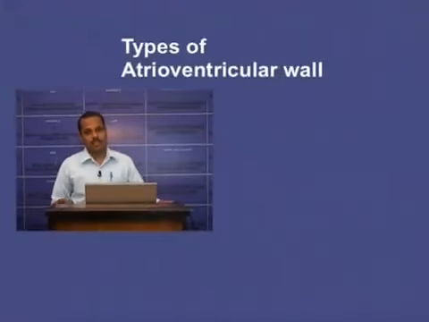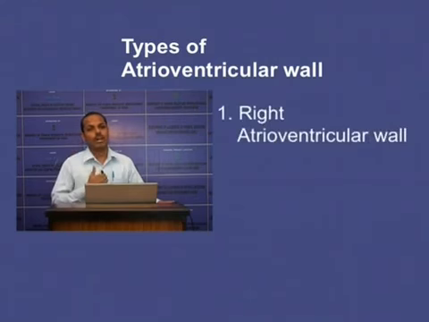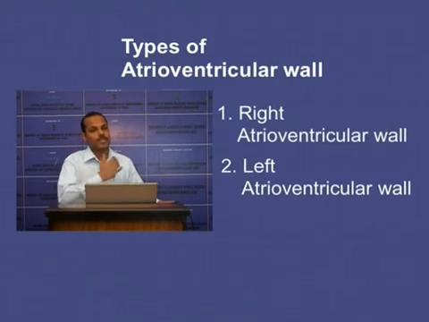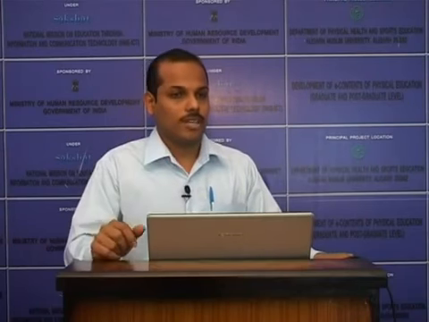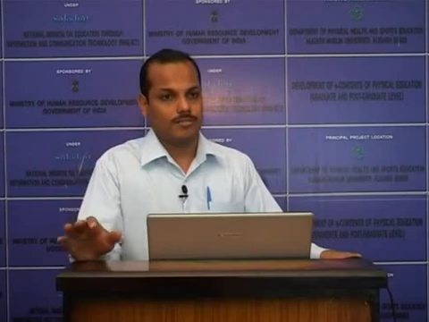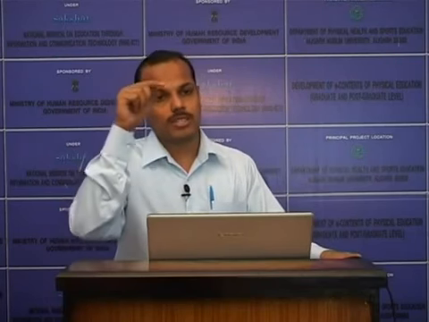Regarding the AV valve, or atrioventricular valve, there are two atrioventricular valves present: the right atrioventricular valve and the left atrioventricular valve. The right atrioventricular valve is also called the tricuspid valve. It is seen between the right atrium and right ventricle, and it has three cusps.